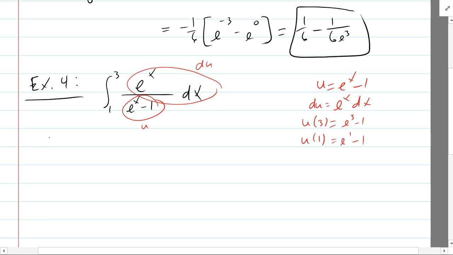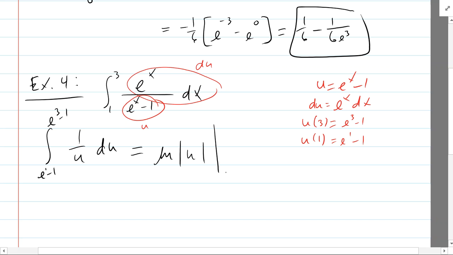Watch. So this is going to become the integral from e minus 1 to e cubed minus 1 of 1 over u du. Am I right? Is it 1 over u du? Okay, what is the antiderivative of 1 over u du? Natural log, absolute value of u, right?